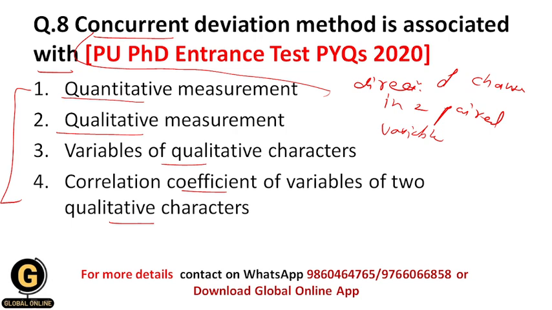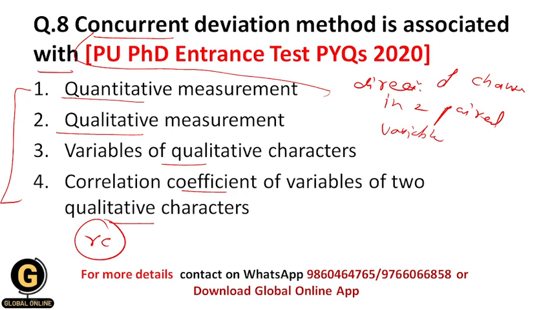Okay, and also this is denoted as RC. Okay, and it is calculated based on the number of concurrent deviations between two series. All of you getting? So the number of concurrent deviations between two series is the criterion on which you can calculate the concurrent deviation, that is RC.